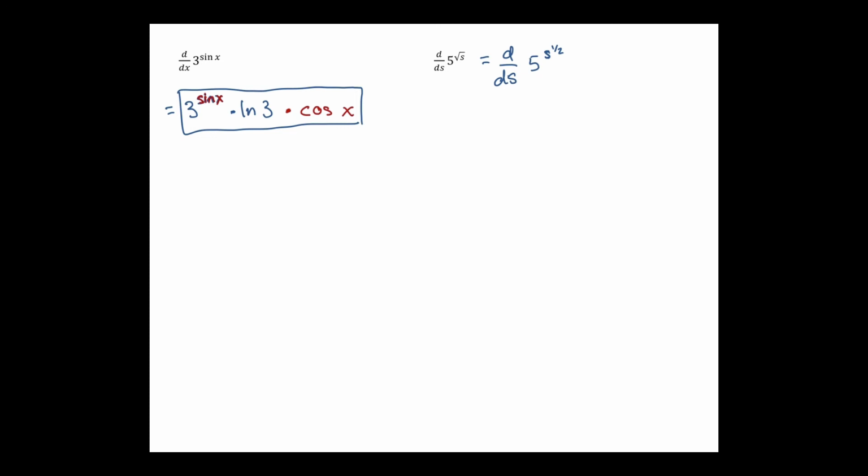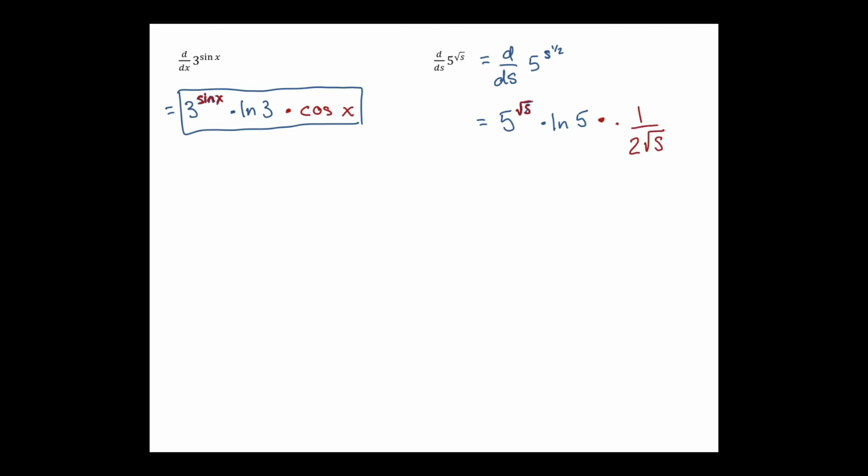The one on the right here, well, the derivative of the outer function, again, is exponential, so it's going to be 5 to the square root of s times ln of the base. Now we have to multiply this by the derivative of the inner function, which is 1 over 2 square root of s.